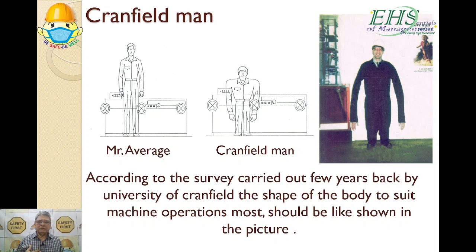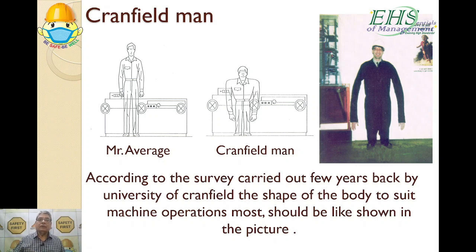torso should be short, long, your legs should be short, your hands should be up to your knees. If you have that type of anthropometry, that type of design of your body, then and only then can you work on the machines which were there at that time.